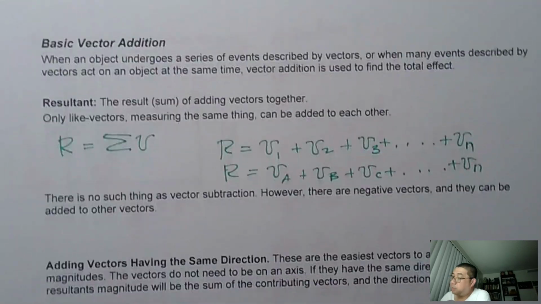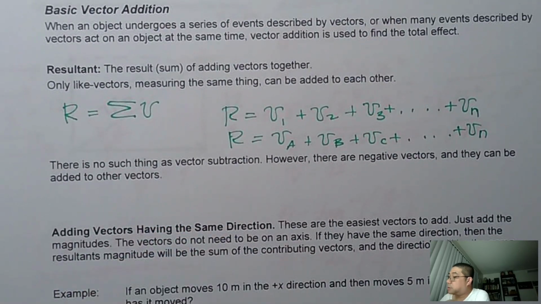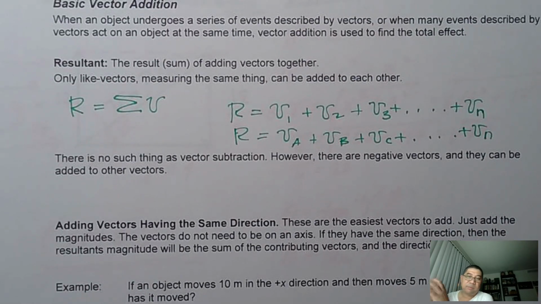Now, be careful because there's no such thing as subtraction. However, there are negative vectors, so when you add those numbers, negative, positive, you just subtract it, and take the sign or the direction depending on which one's greater.